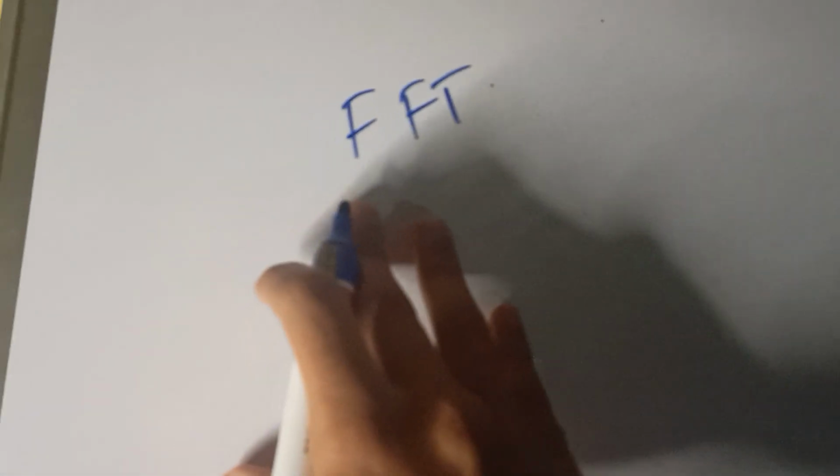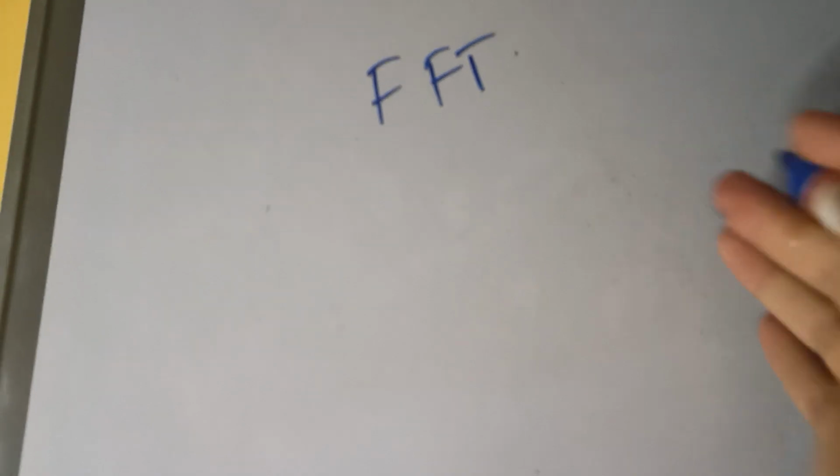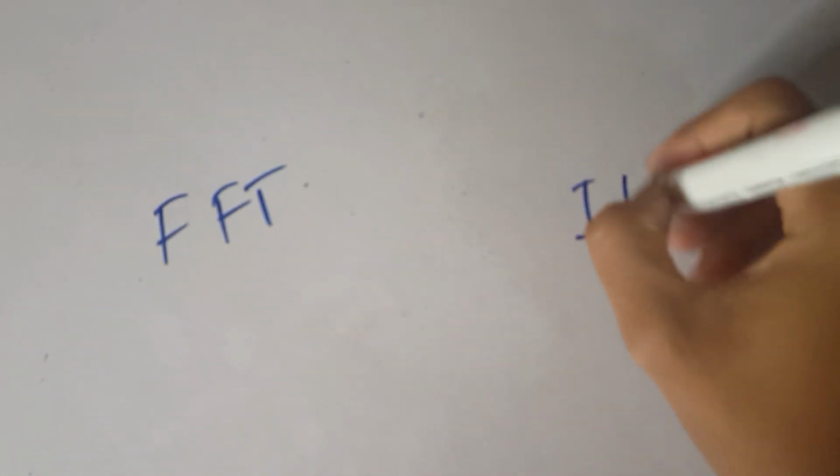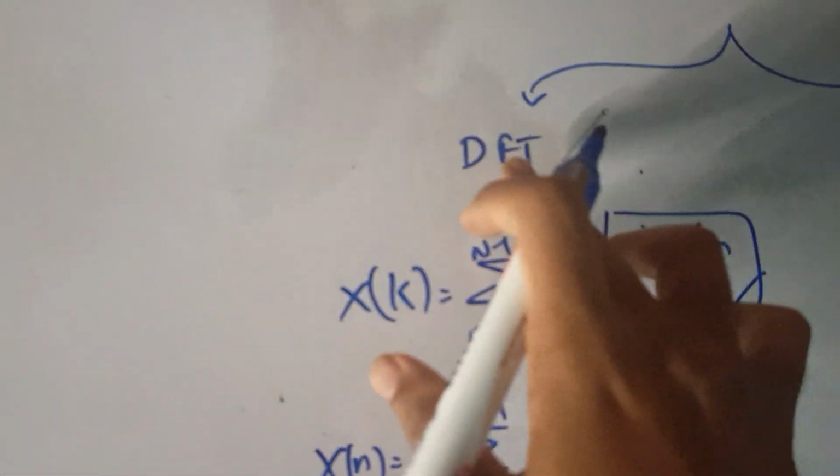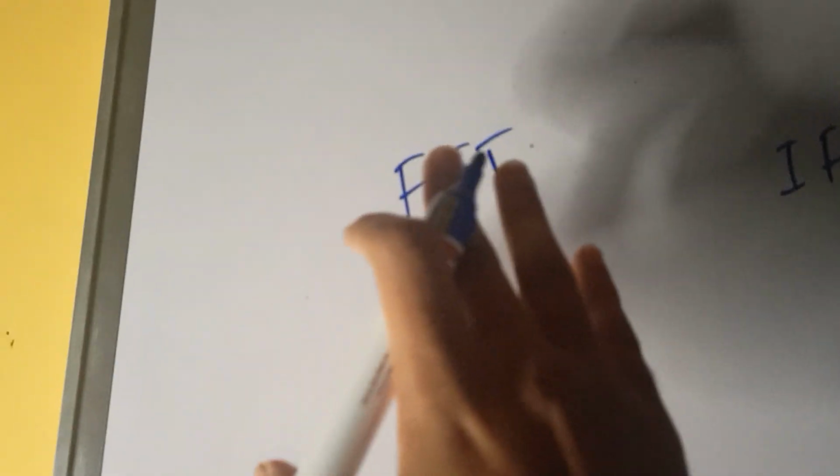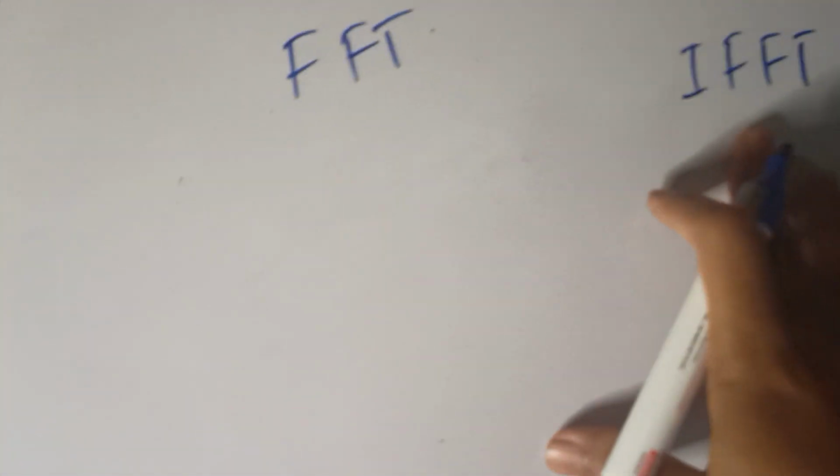Fast Fourier transform can be done in the time domain and the frequency domain. If there is a fast Fourier transform, then there must be an inverse fast Fourier transform. As we have DFT and IDFT, similarly we have FFT and IFFT.